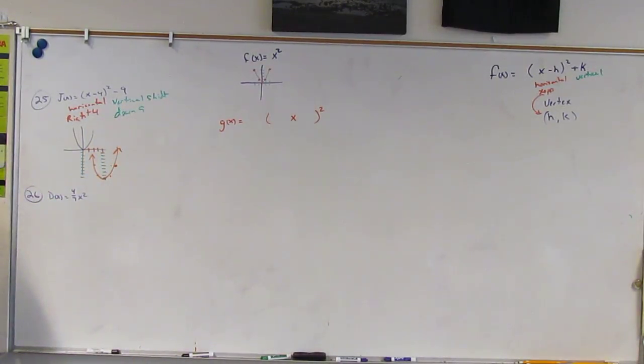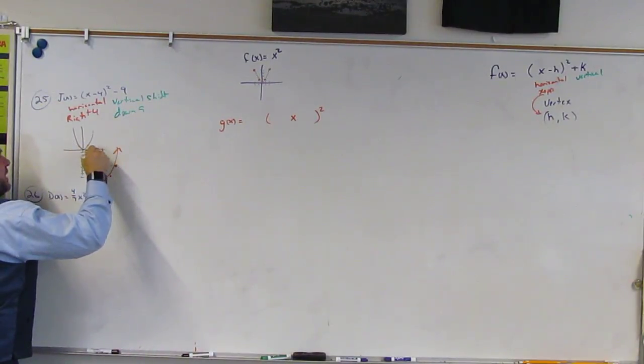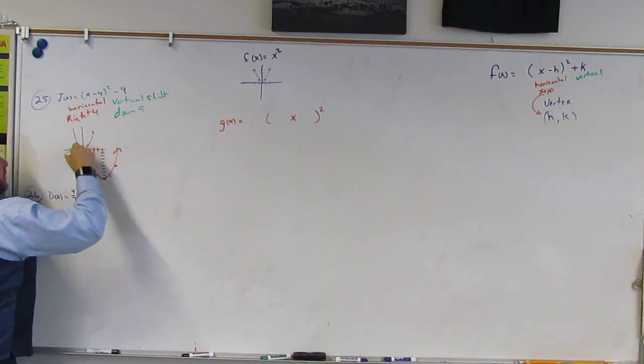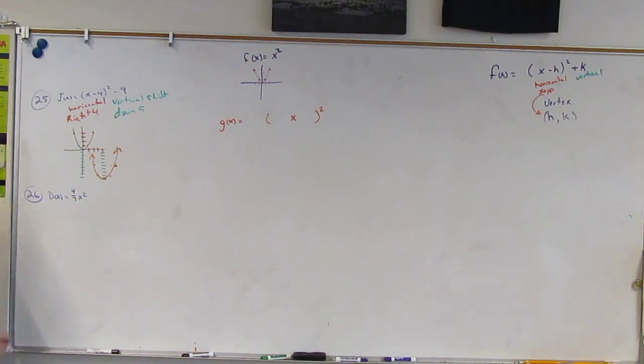So this original one was up 1 over 1, up 4 over 2. All I did was move those points down. Does that make sense? And that works for your vertex formula.